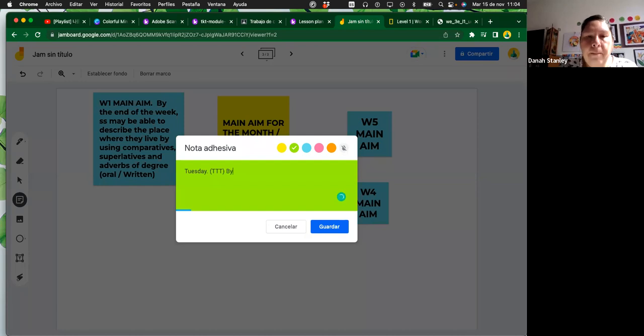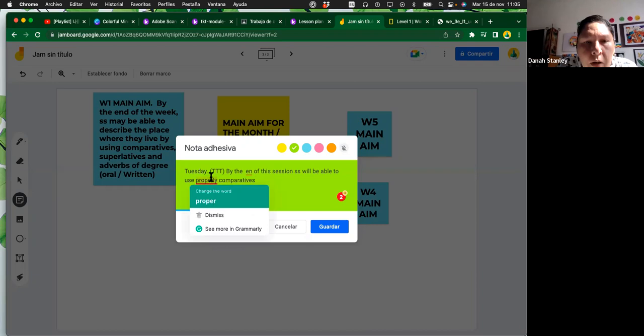By the end of this session, students will be able to use properly comparatives and superlatives to describe places. Because here you suppose that they already know it, and I'm just going to give feedback.